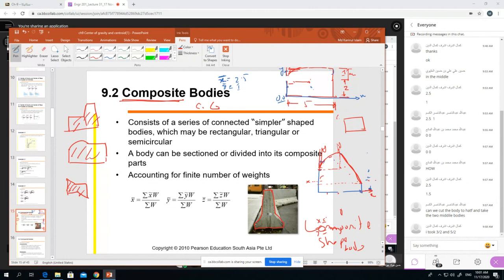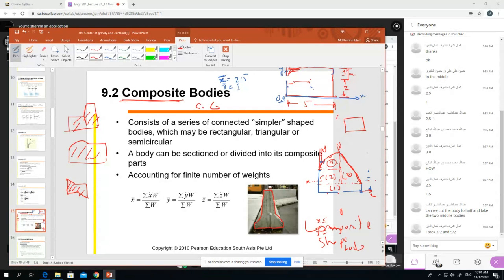So this is now a rectangle, and this is the quarter circle, and we make this one a triangle, this a rectangle. So here we make sections: 1 is a rectangle, 2 is a square or rectangle, 3 is a triangle, and 4 is a quarter circle, right?